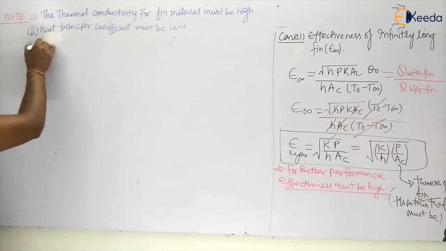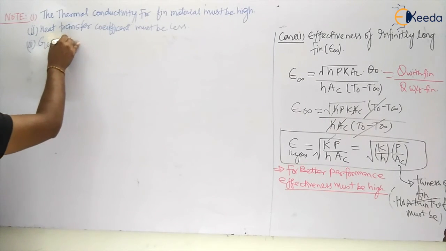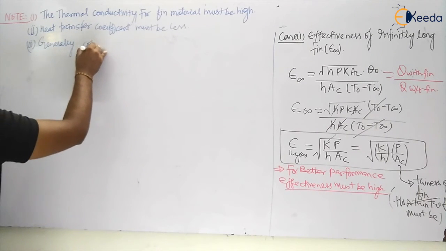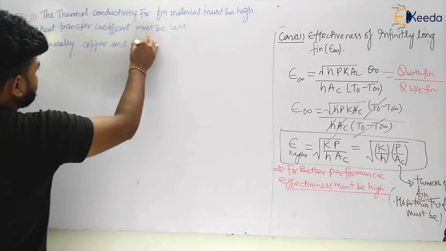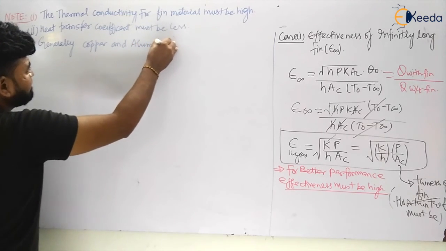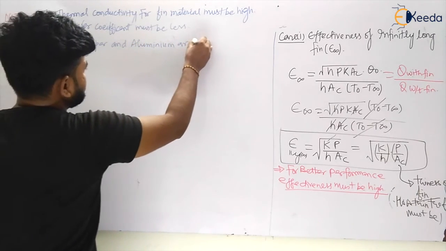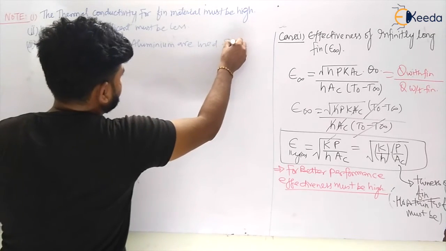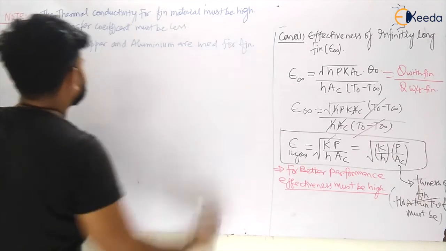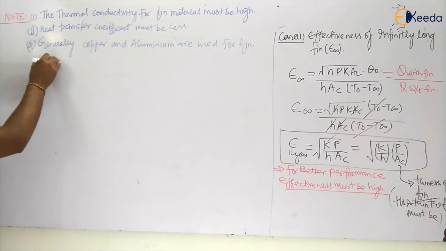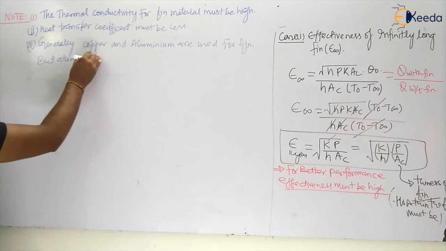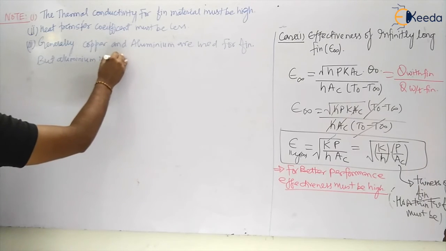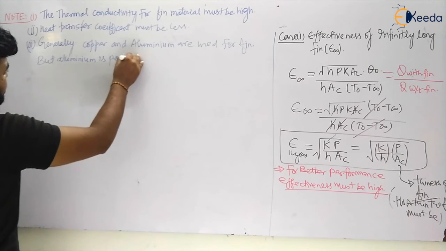Then third, generally copper and aluminium are used for fin, but aluminium is preferred. Why?